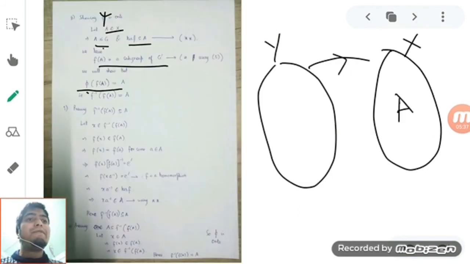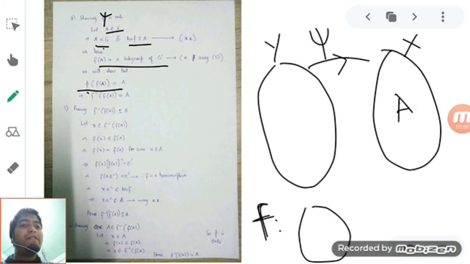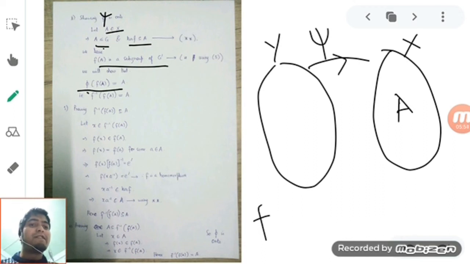So what do we need to do? F is from G to G dash. Keep that in mind, because we are having so many sets, so many functions. So let's see.